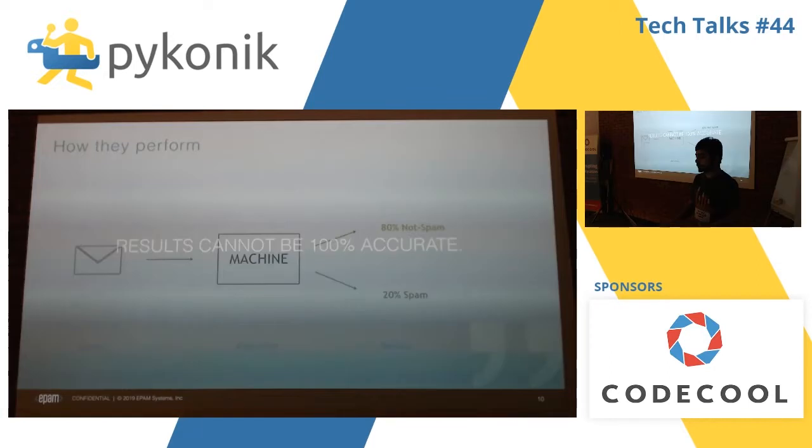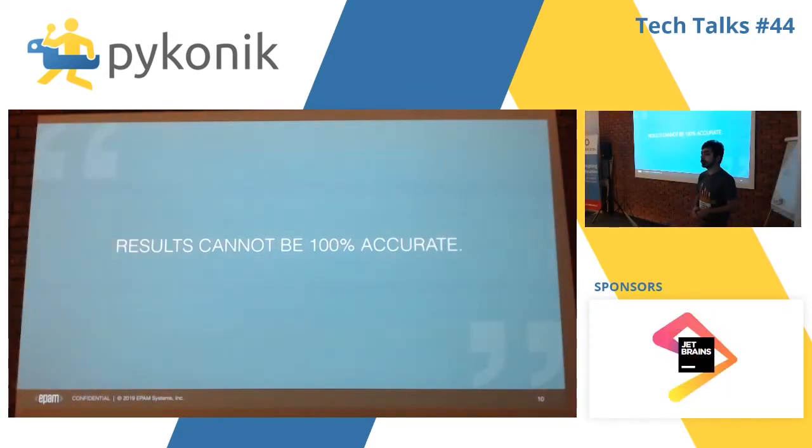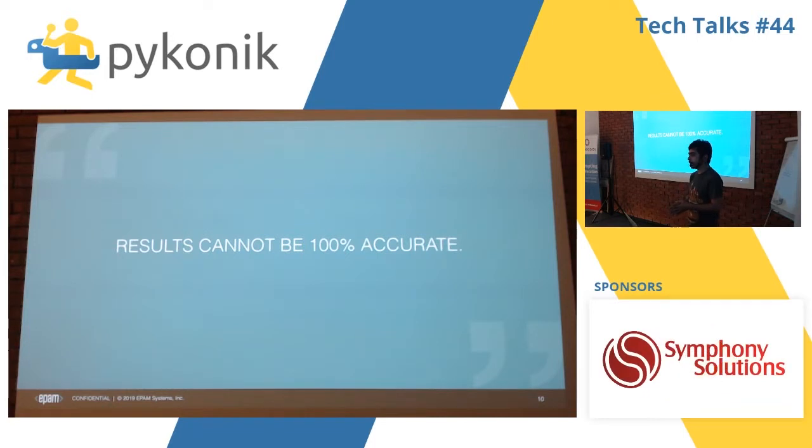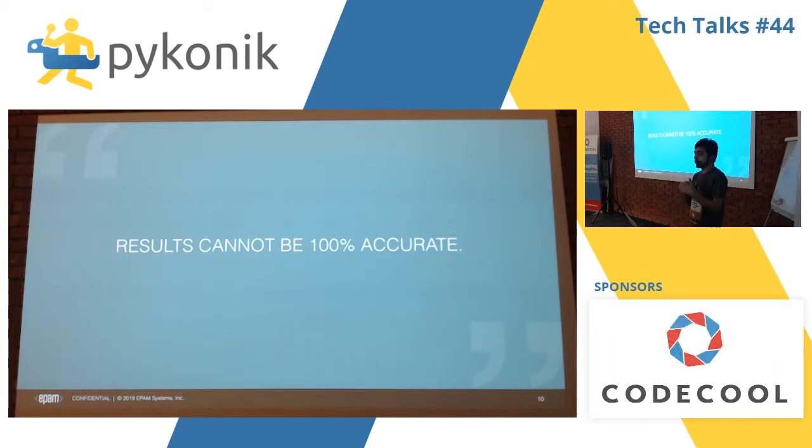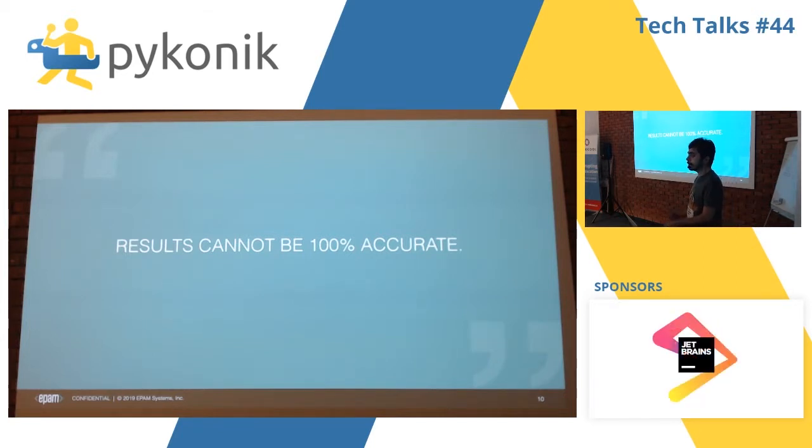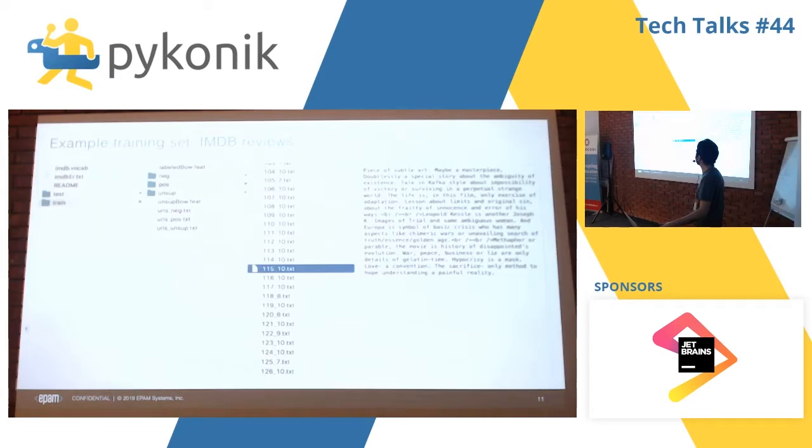So this is the difference between the traditional way of programming and machine learning to solve a problem. In machine learning, results cannot be 100% accurate. We need to develop our apps paying attention to that fact, so it should be fault tolerant.